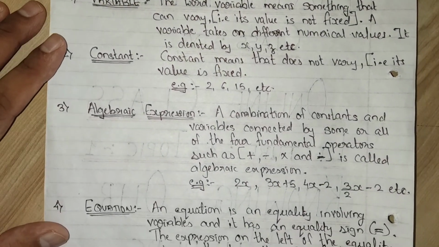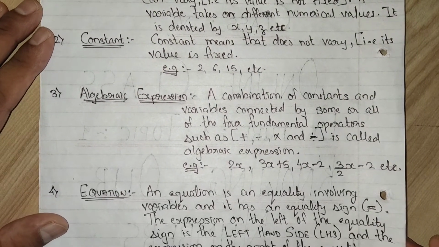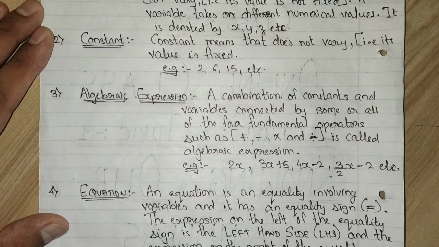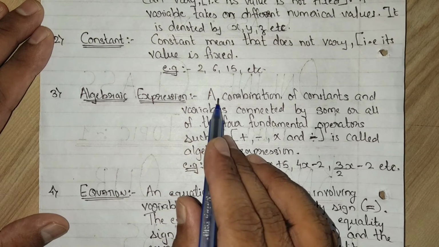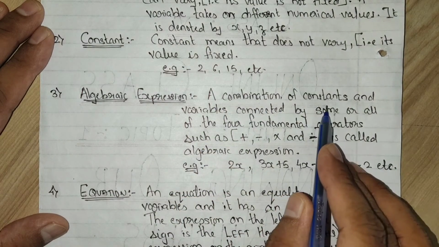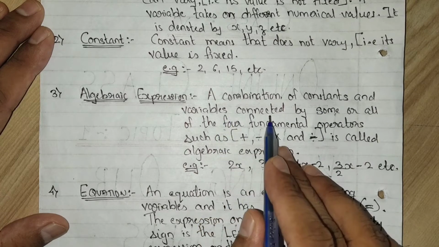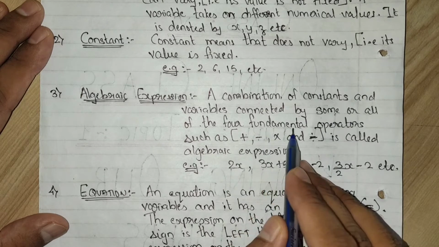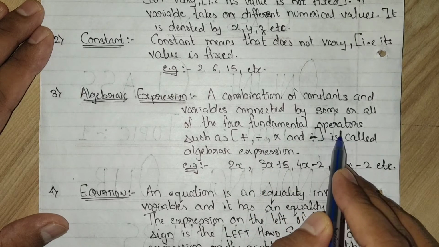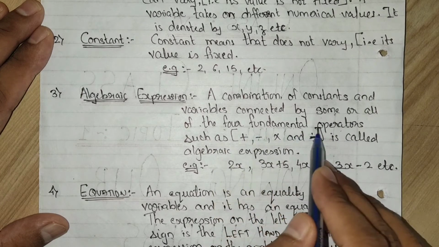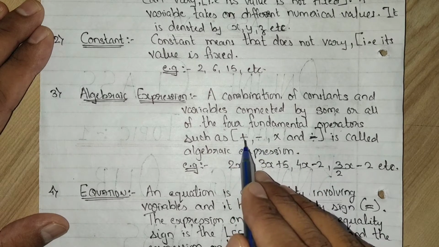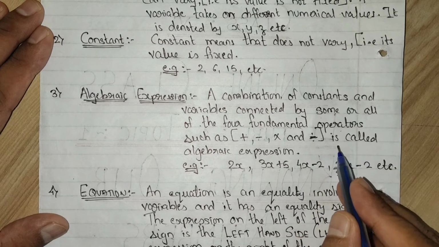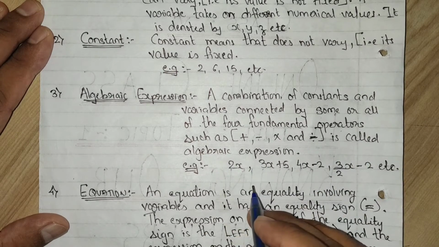The third term which you already are familiar with is algebraic expression. A combination of constants and variables connected by some or all the 4 fundamental operators. Which are the fundamental operators? They are addition, subtraction, multiplication and division. This is called algebraic expression.